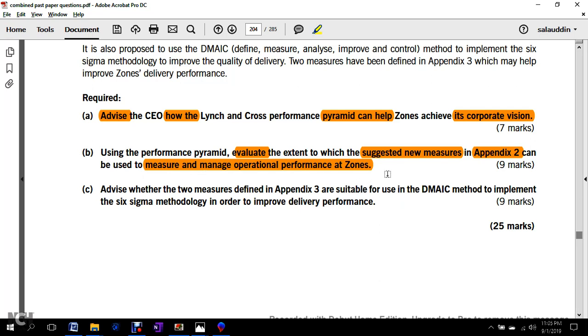So we don't need to judge the operational performance. We need to evaluate whether these measures are appropriate, and if appropriate, to what extent.